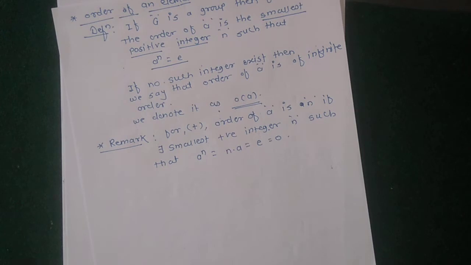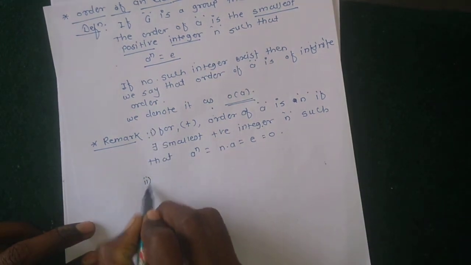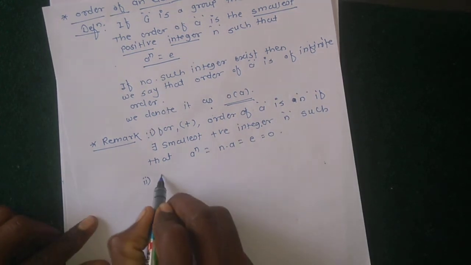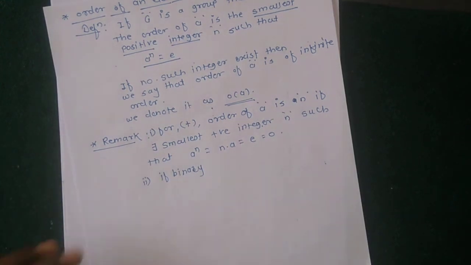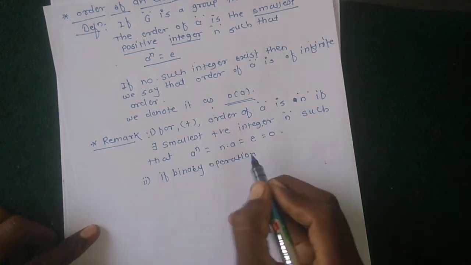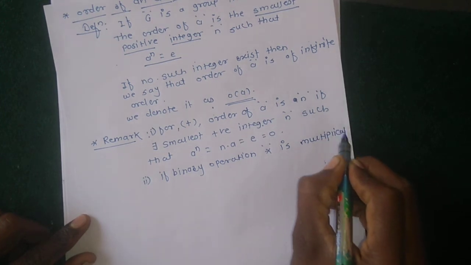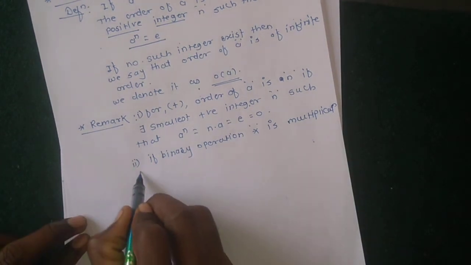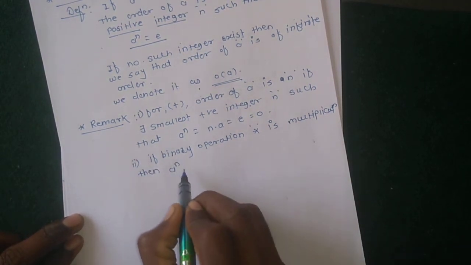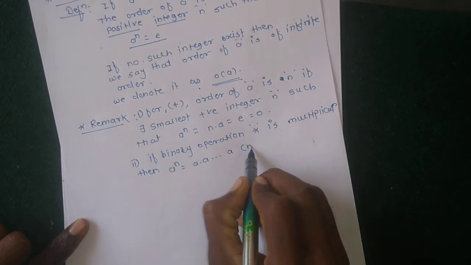So the second remark is: if the binary operation star is multiplication, then a raised to n equals the multiplication of a, n times, a times a and so on. And for addition, it is a plus a plus, and so on, n times.